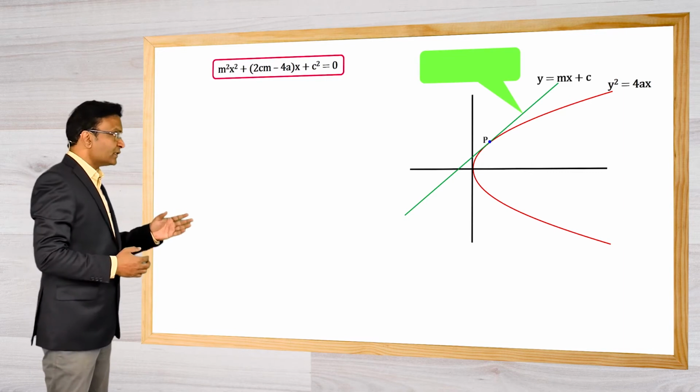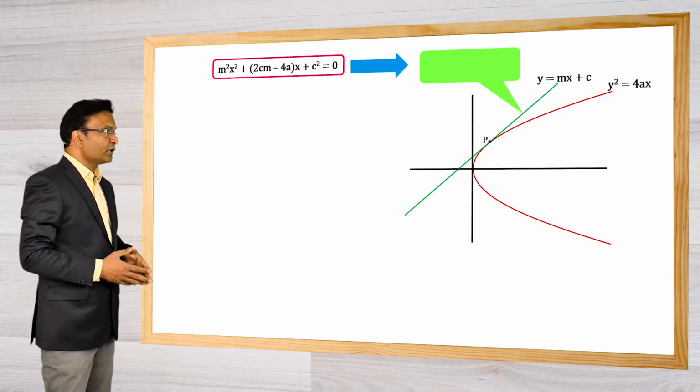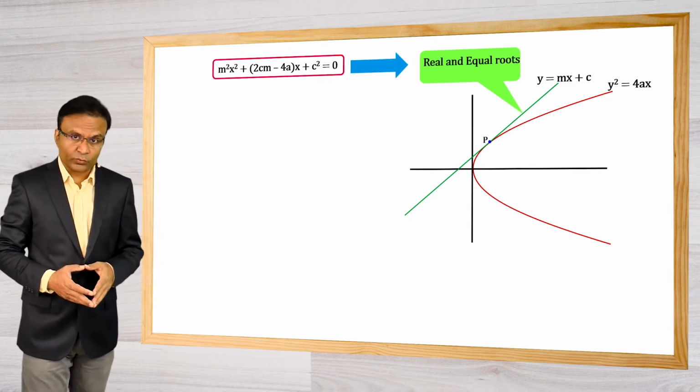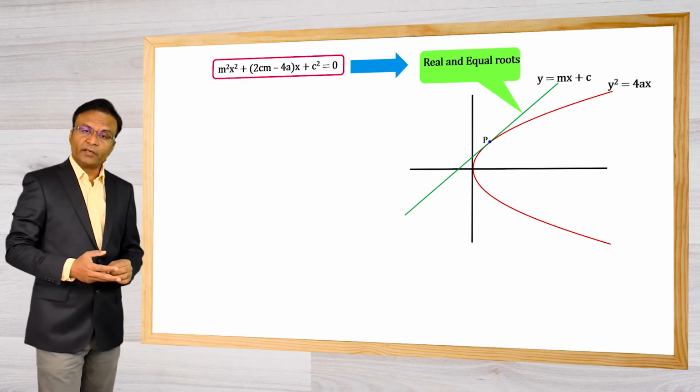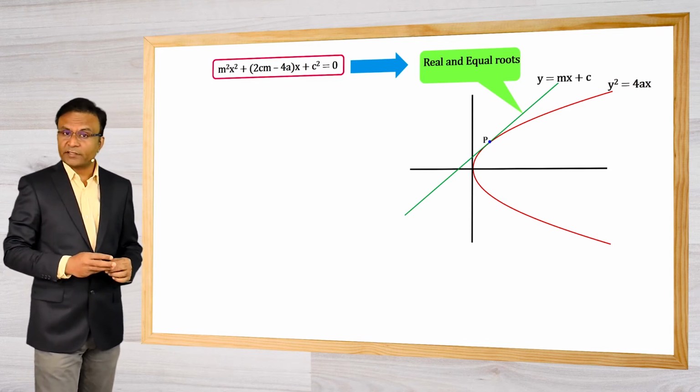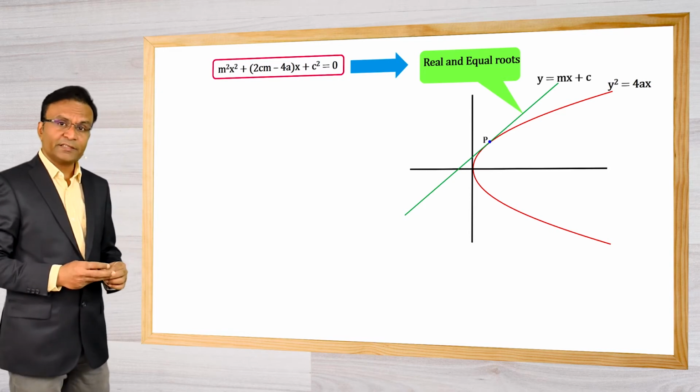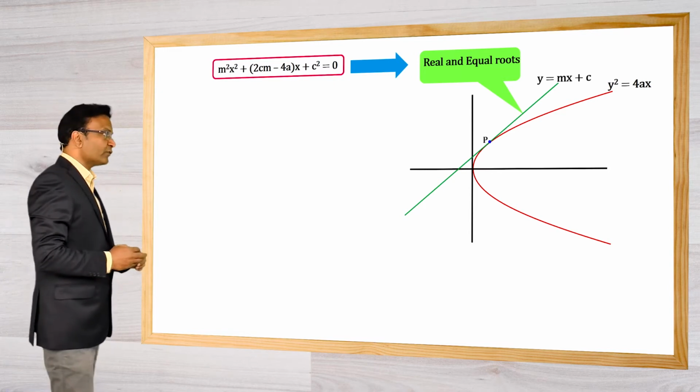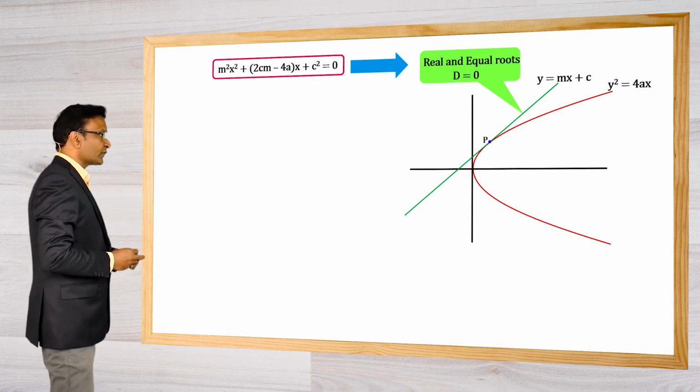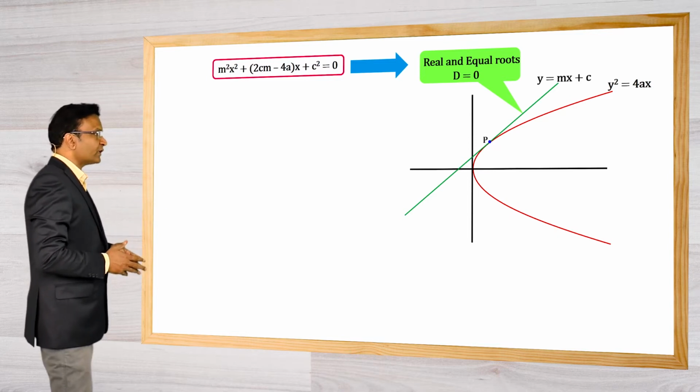That means this equation has real and equal roots. And when a quadratic equation has real and equal roots, the condition is discriminant is equal to 0. So here we have D is equal to 0.